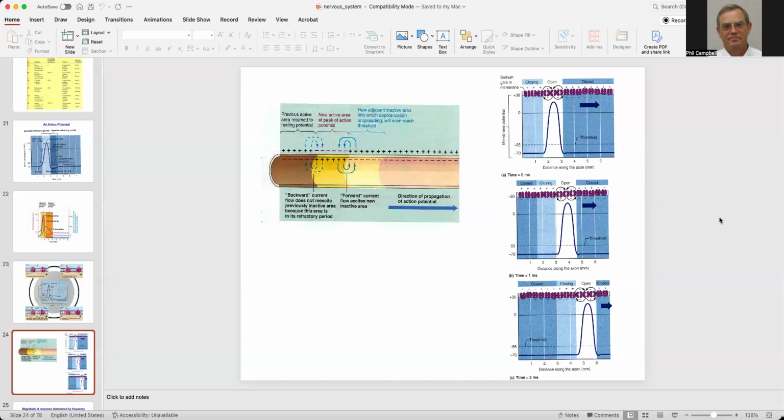Exactly. So it has a point, but there's nothing limiting it from going in either direction. If I put an electrode here and fire them, they would go this way, they would cancel out, they would go this way to their respective ends. But in nature, it always begins at the axon hillock. So it's always from the soma side to the axon terminal side, because that's what it's designed to do.